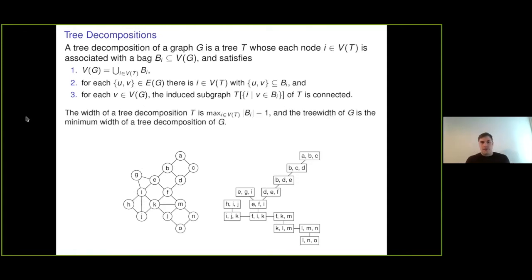And the width of a tree decomposition is the maximum size of a bag minus 1, and the tree width of a graph G is the minimum width of a tree decomposition of G.